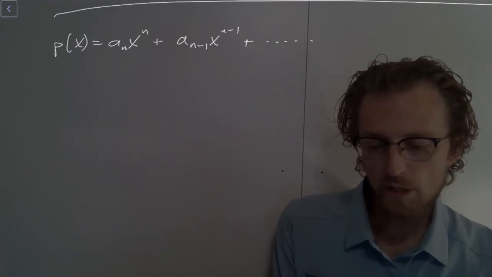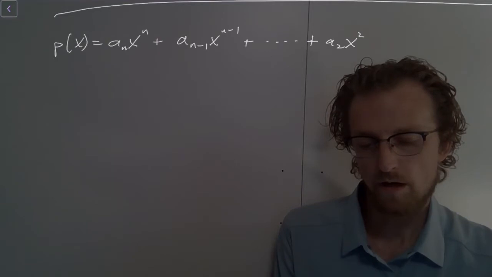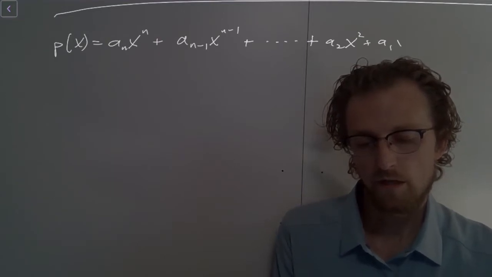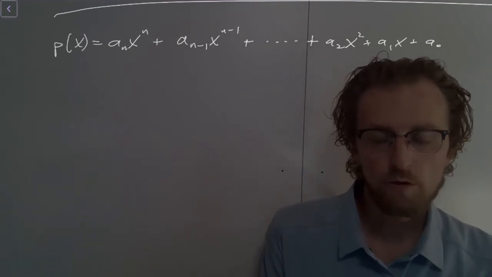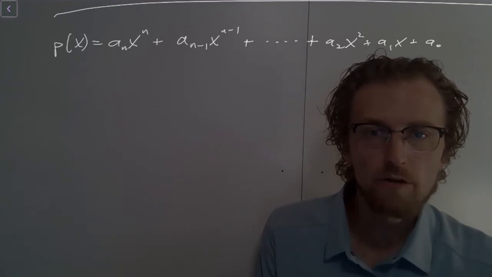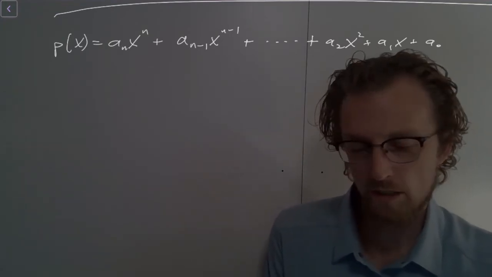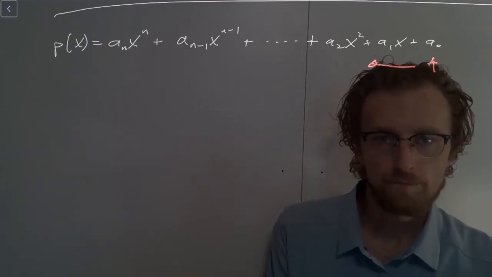When we wrote the algorithm, I'll write the last couple terms here, a_2 x squared plus a_1 x plus a_0. What we implicitly did, and it didn't matter that we did this, is we started here, and then we evaluated in that direction.